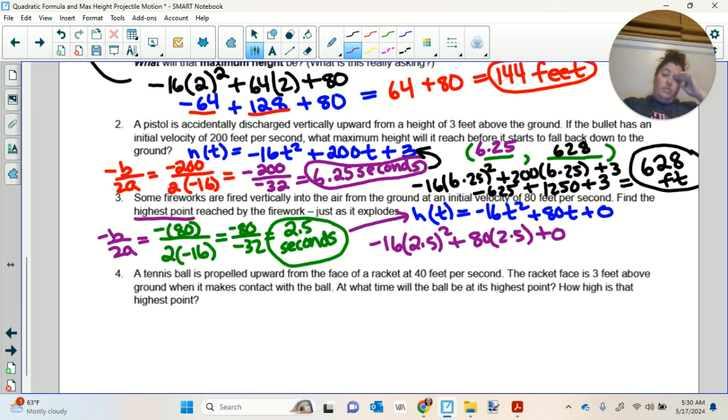If we start with that 2.5 squared, that's going to give you 6.25, and then we're going to multiply that by that negative 16. And so this part will give you negative 100. 80 times 2.5 will give you 200. And then we have our plus 0. And so negative 100 plus 200 plus 0 is 100 feet.